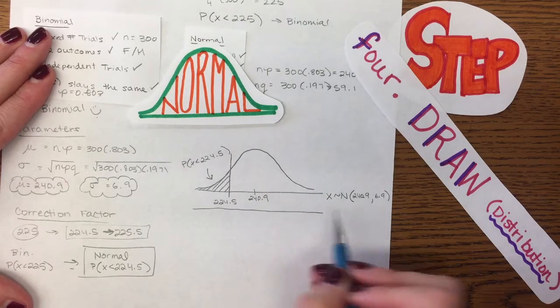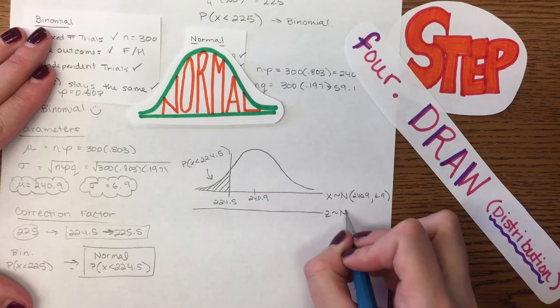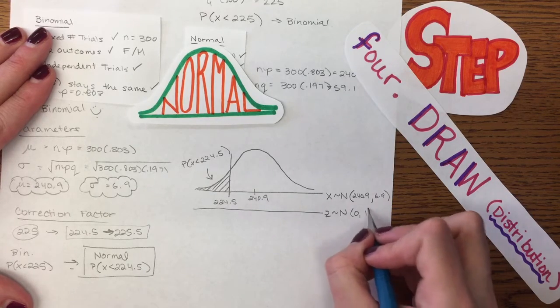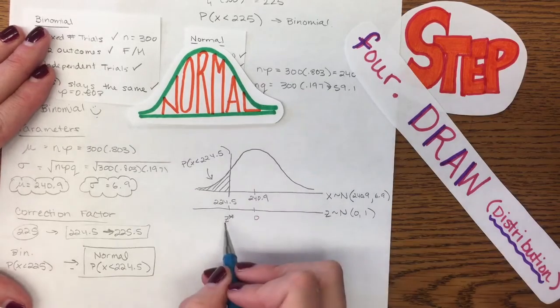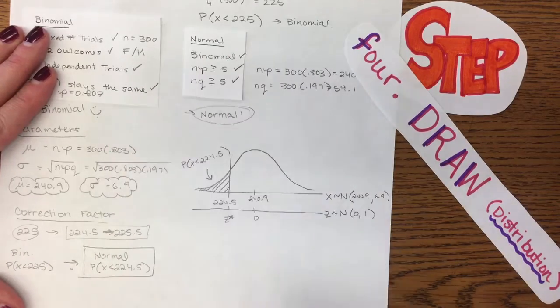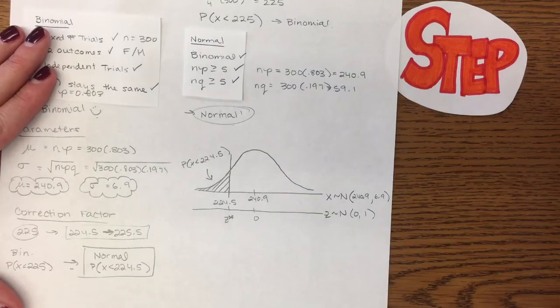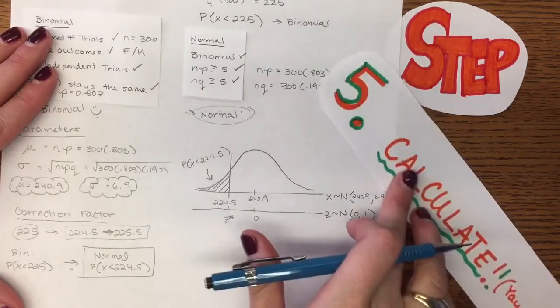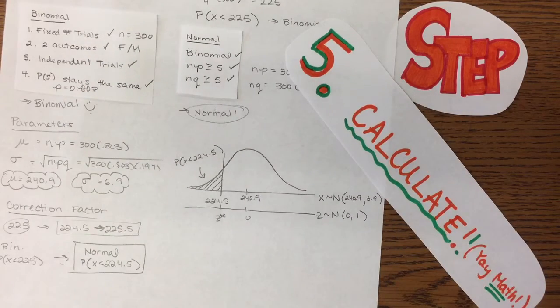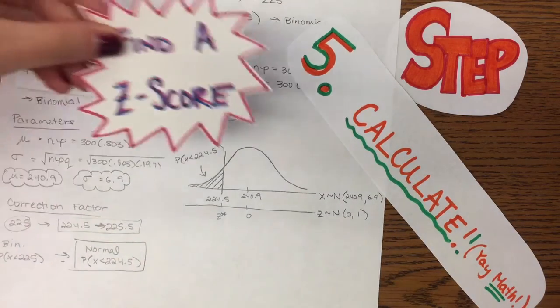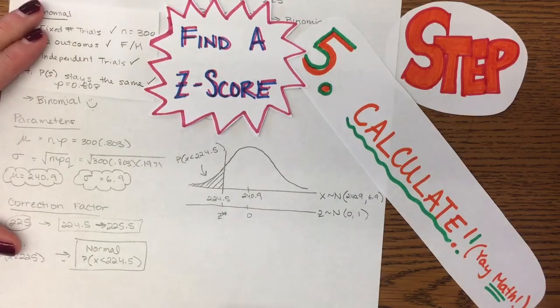I like to draw my standard normal distribution below. It's got a mean of 0 and a standard deviation of 1 with this special z star. Now that I have drawn my picture, it's time for me to calculate. Yay, math. All right, so what am I calculating here? Well, one thing I need to do is find my z-score.